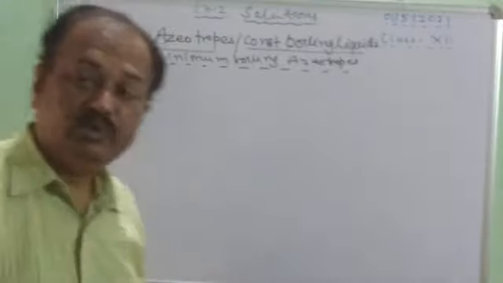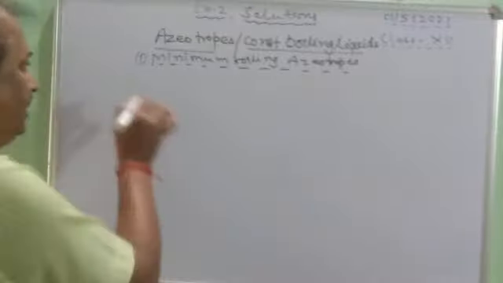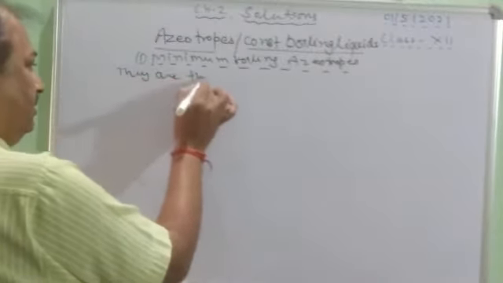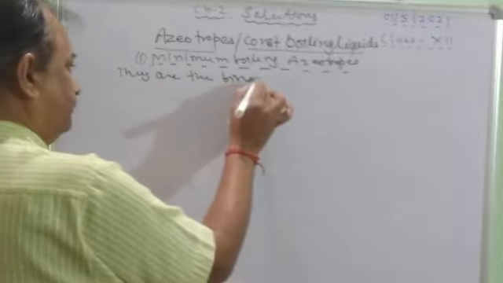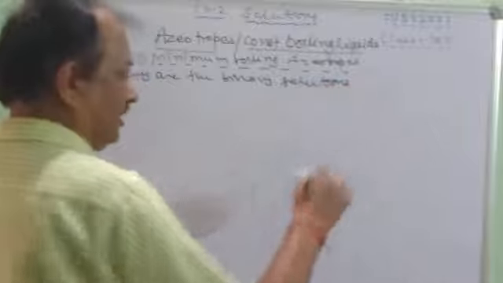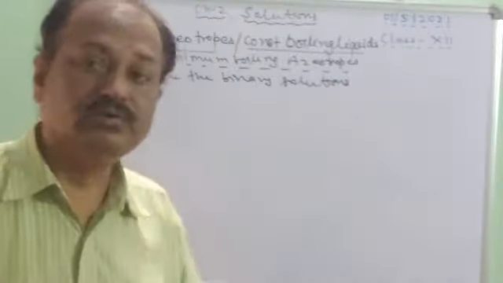Now minimum boiling azeotropes are binary solutions. Binary solutions means solutions made up of only two components.